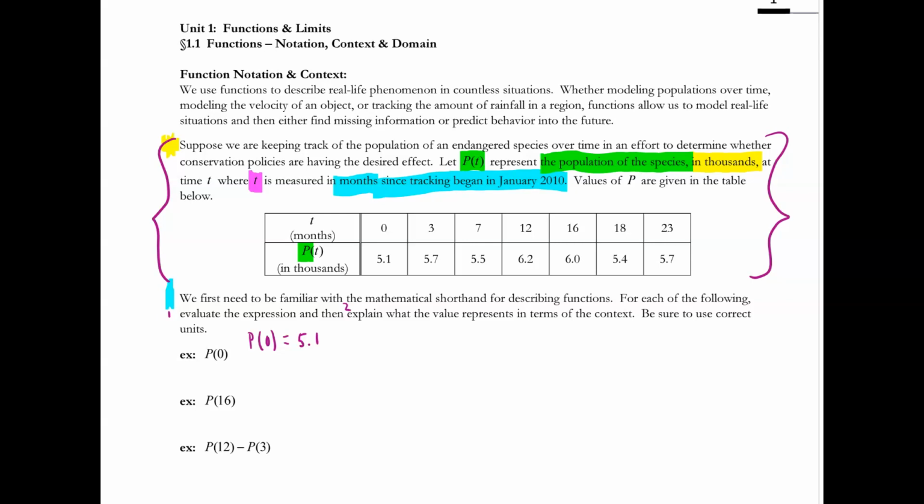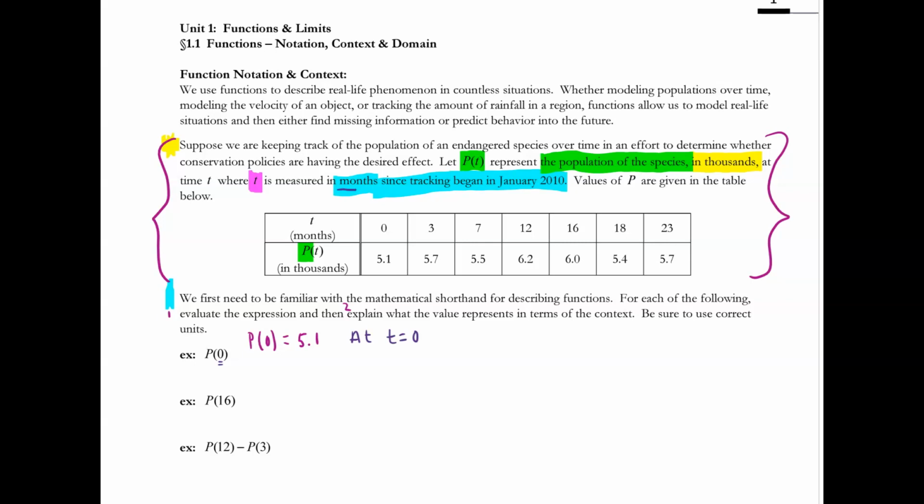All right, next we're going to explain what it means in context. When we're talking about a particular point in time, such as t equals 0, we're going to use the word at. So I'm going to say at t equals 0. And I need to say the units.